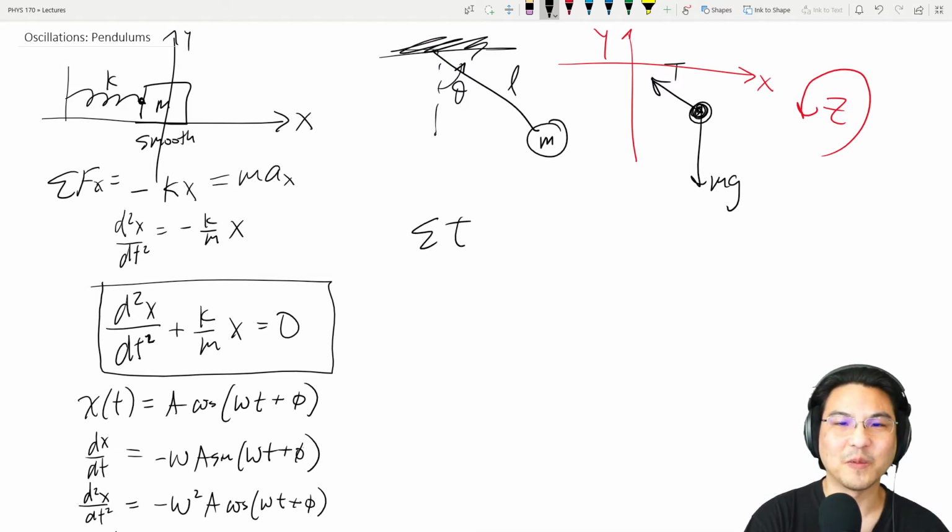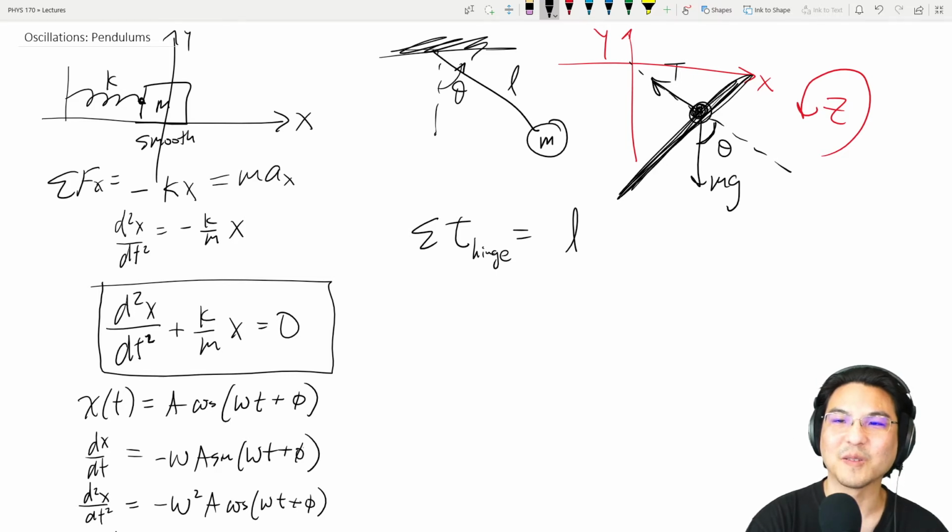Okay, so if I sum torque about that pivot point, let's say the hinge of the pendulum, then what is the torque? Well, let's look at this picture. From here to here, that's L, times, and then the weight is over here. So the angle is here. So L times only the component of the force perpendicular this way.